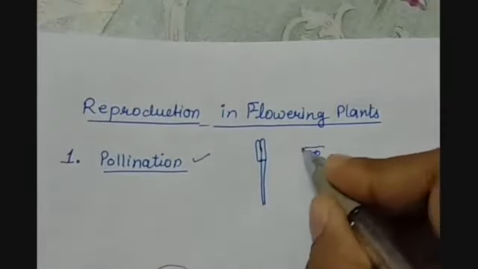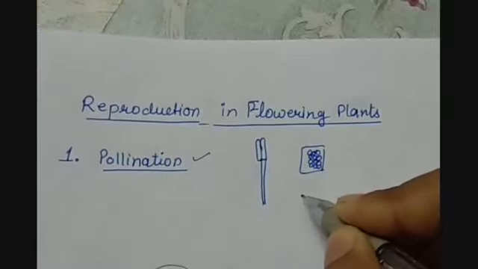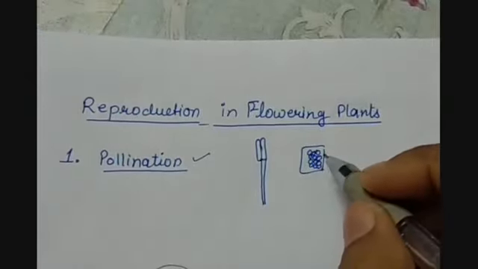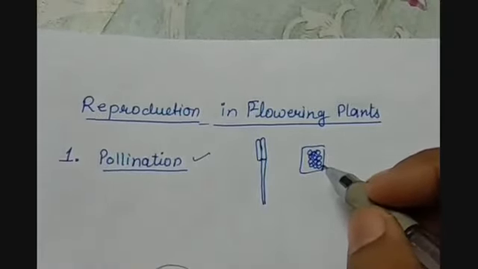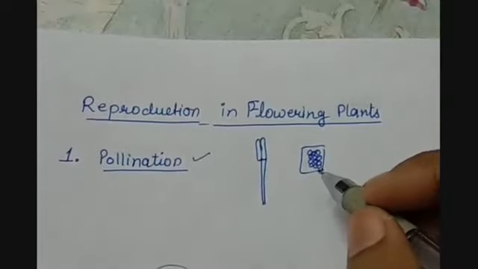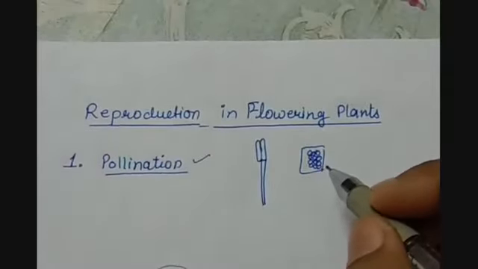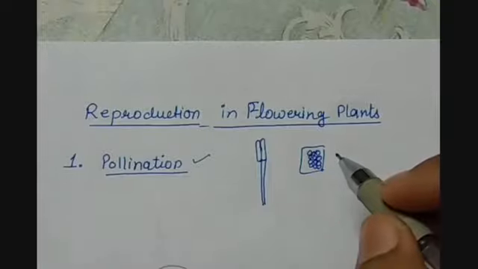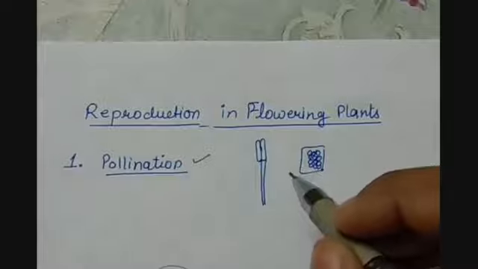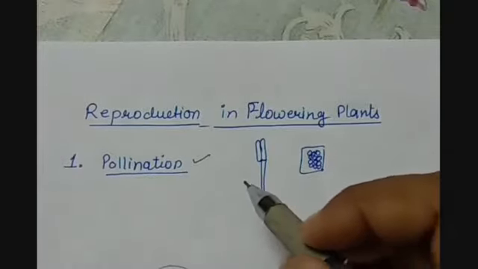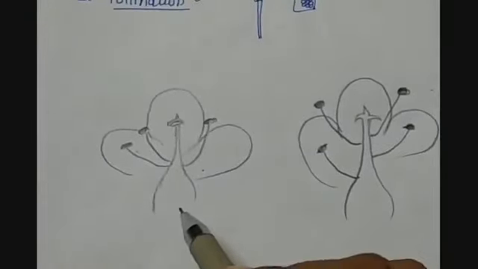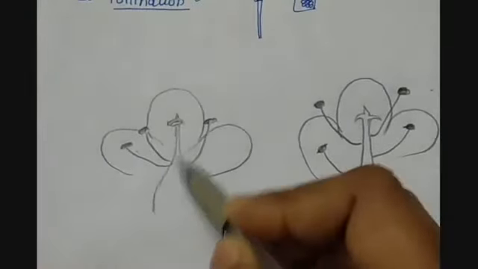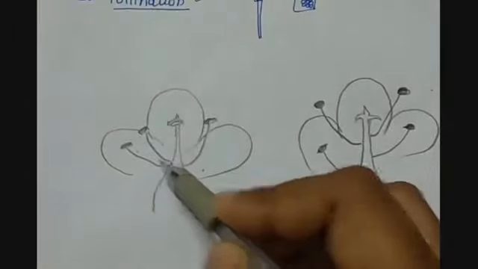And it's the pollen grain which is the male sex cell of a flower. Now, this pollen grain has to be transferred to go near the female sex cell. How is it happening? The process in which the pollen grains are transferred to the stigma, or the female sex organ, is called pollination. Here I have the diagram showing the part of the flower: the ovary, petals, filament and anther.